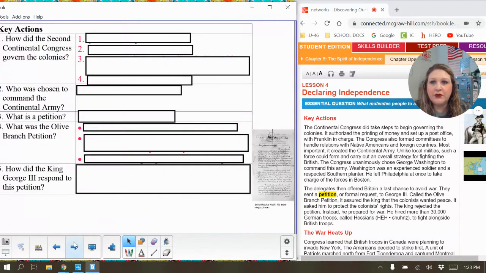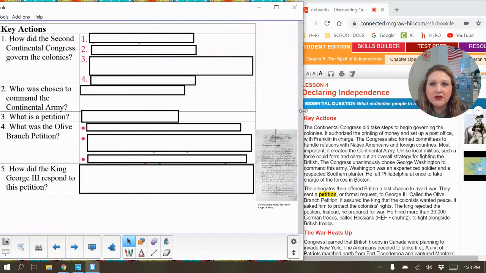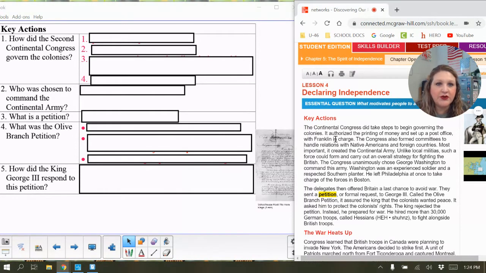Okay, so I'm going to forward here to our next page. And again, our question was, how did the Second Continental Congress govern the colonies? I'm going to actually move this over slightly so we can see the numbers on this one. Okay, so when we look over here in our notes, they took steps to begin governing the colonies.